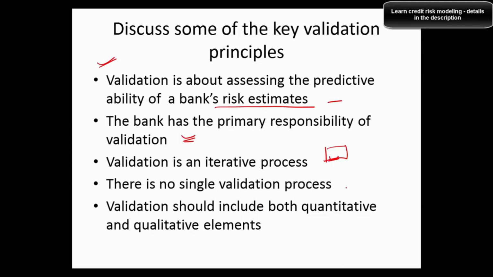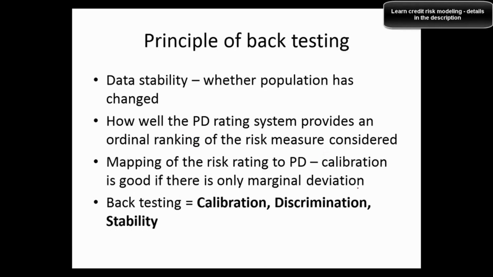There is no single validation process. There are multiple ones. You need to select the one that suits the situation, the portfolio, the product, and so on. Validation should include both quantitative and qualitative elements. It is important to be part of the validation process.